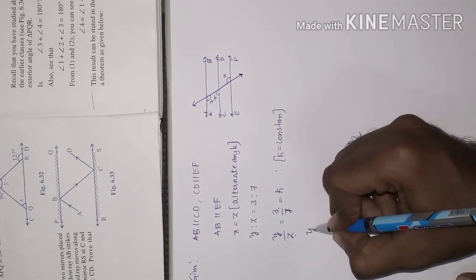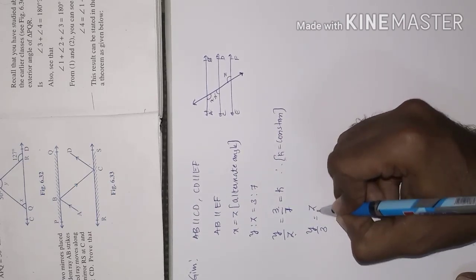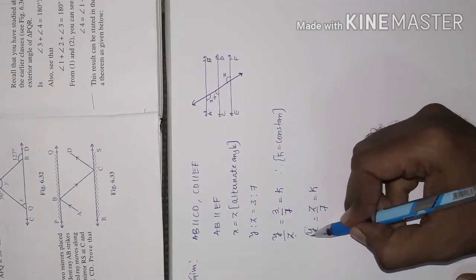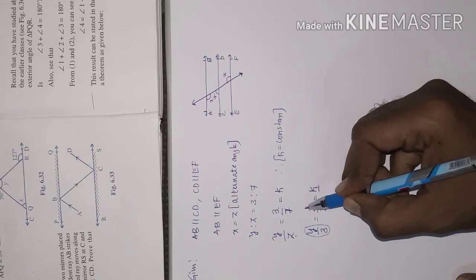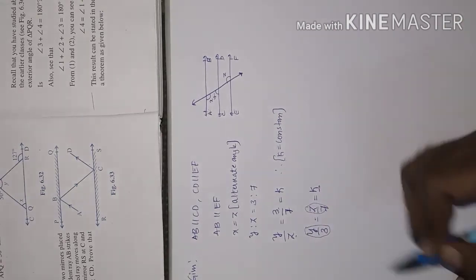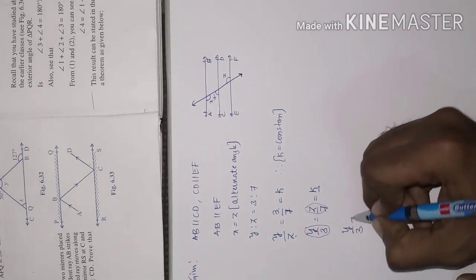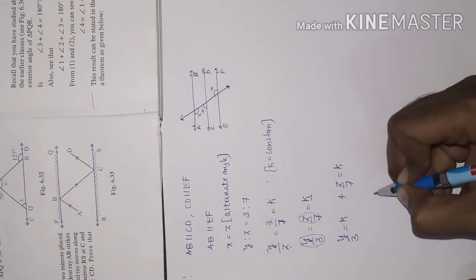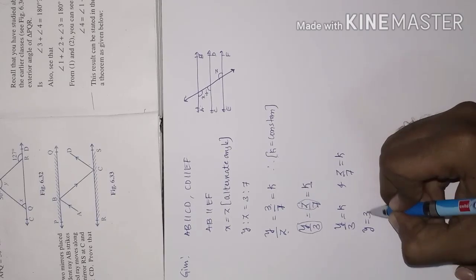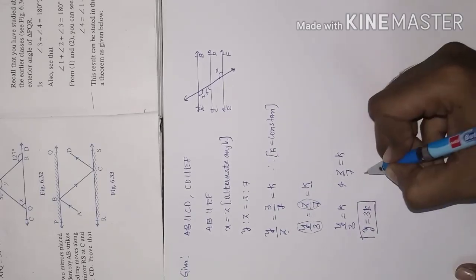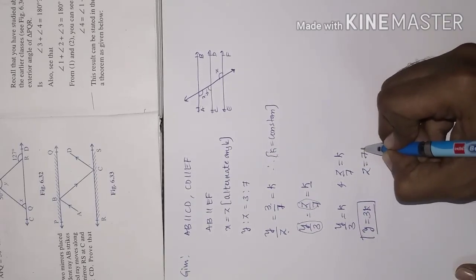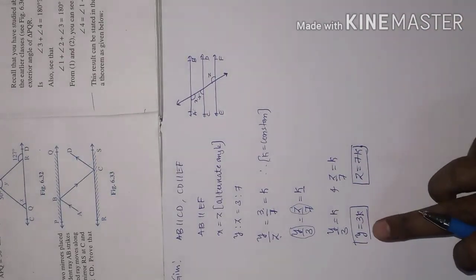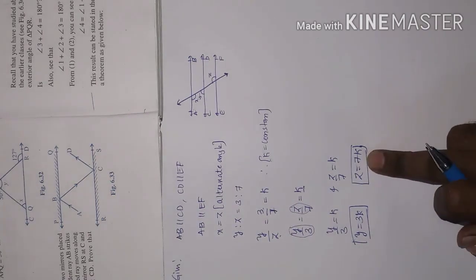So y divided by 3 is equal to z divided by 7, which is equal to k. Now equate y by 3 with k and z by 7 with k. Y by 3 is equal to k and z by 7 is equal to k. Now y is equal to 3k, we got it, and z is equal to 7k.